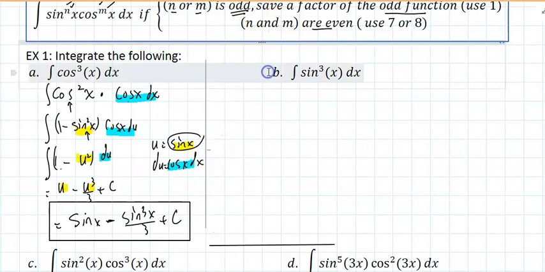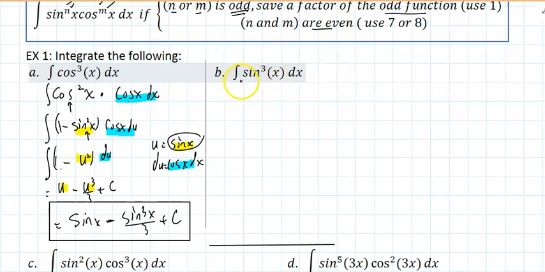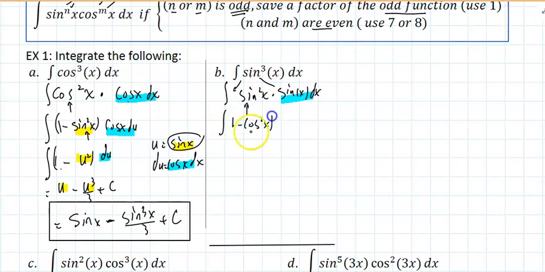When I look at part B, I'm seeing the sine. Again, if I see one of those being odd, according to the rule, I rewrite this. I save one factor. So I save the sine of x dx. That means, what do you multiply sine with to get sine cubed? The sine squared of x. And again, this is going to be my du. So I would say sine squared, according to number 1, is 1 minus the cosine squared of x.